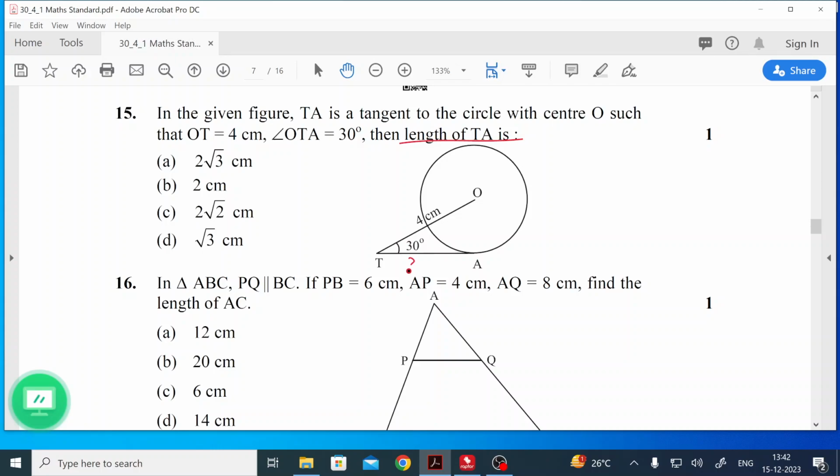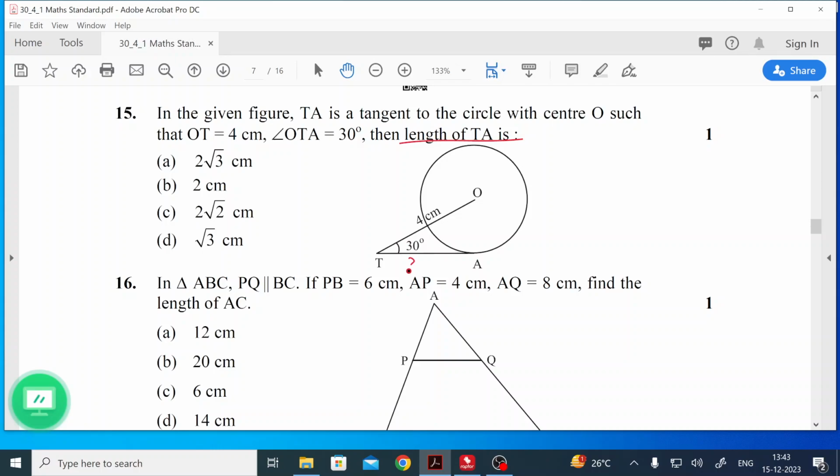Join OA. Pythagoras theorem: if you are going with Pythagoras, we need any two sides of the triangle, then only we can find the third side. Join OA and hypotenuse by adjacent, we can go. It is 10th chapter, but after joining OA, we have to go to 9th chapter.